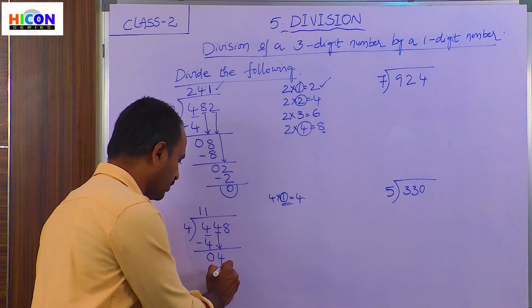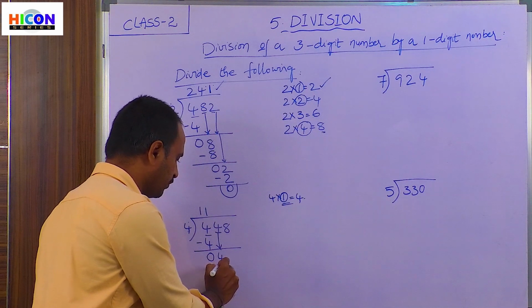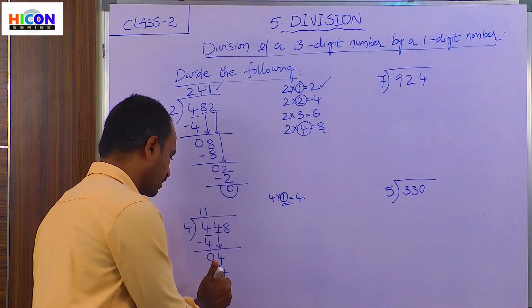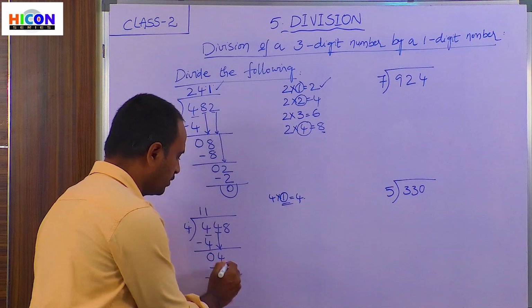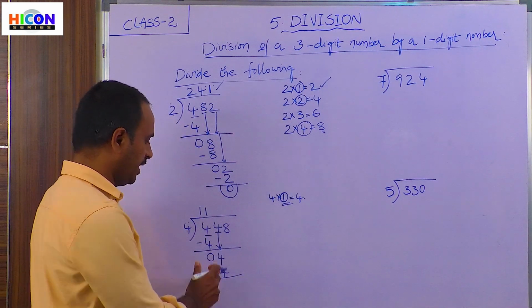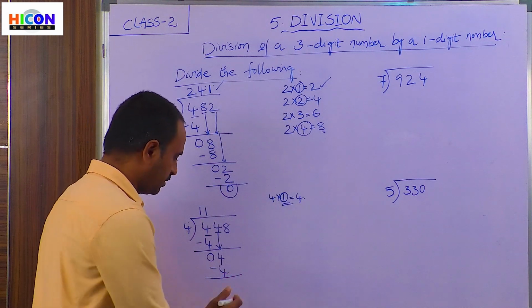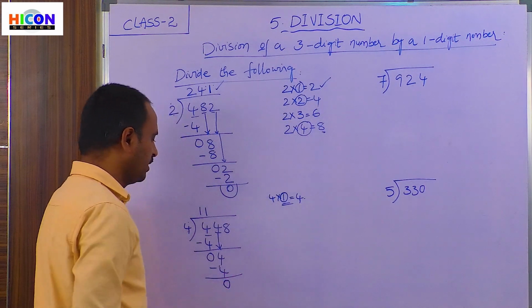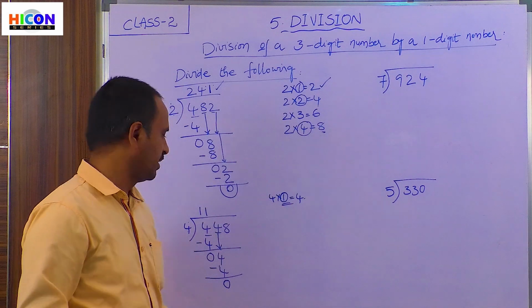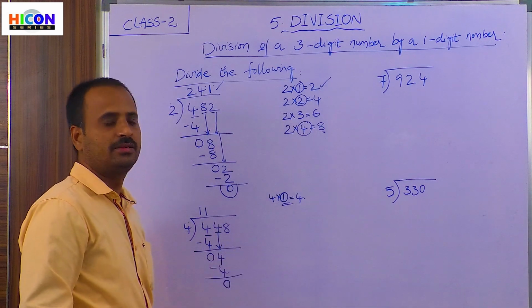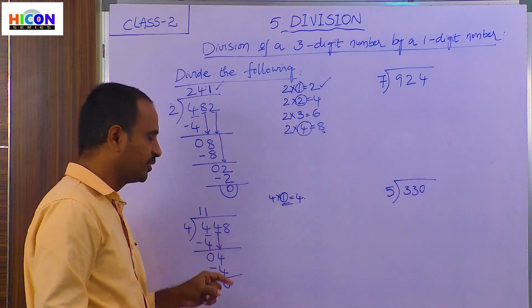So write the product below the second digit. And subtract these two numbers. 4 minus 4, 0. So write 0 below the second digit. And now the second digit is completed. So now bring down the third digit. What is the third digit in the dividend?